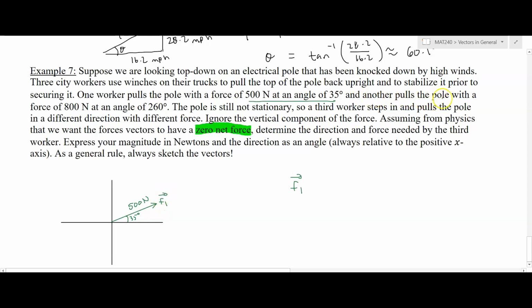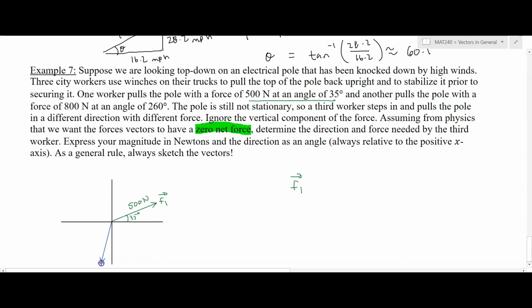The second force pulls the pole with a force of 800 newtons at an angle of 260 degrees. So 260 degrees, here's 180, 270 is here. That means that the second vector is pulling downwards with a force of 800 newtons. And we're going to be concerned not about this big angle here, but what this angle here is, always relative to our horizontal axis.